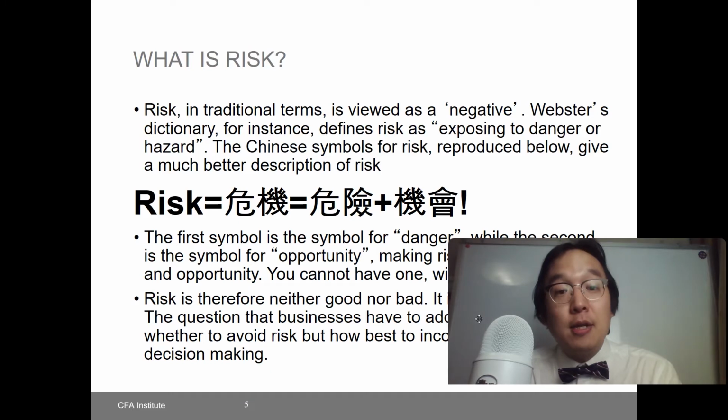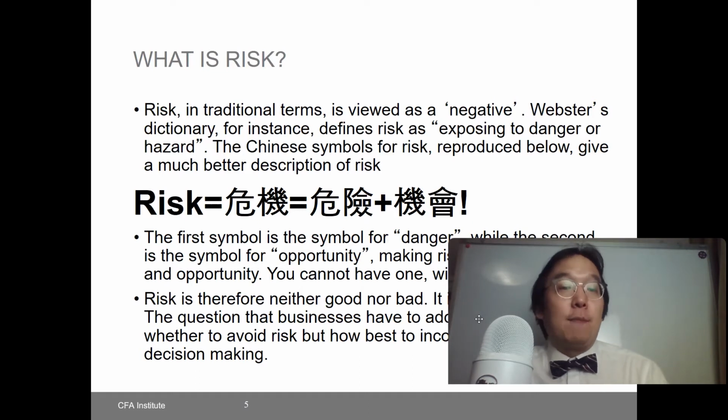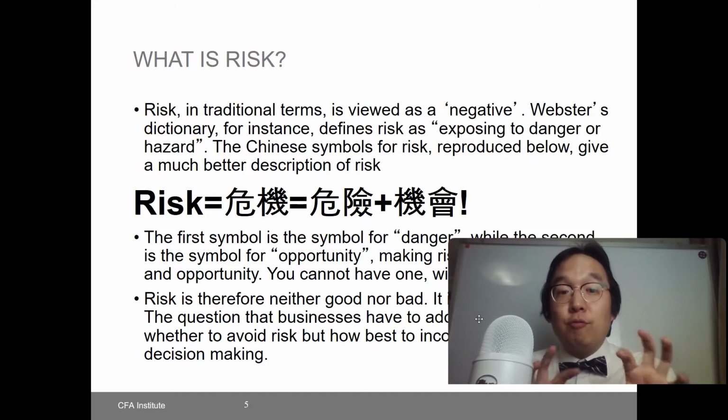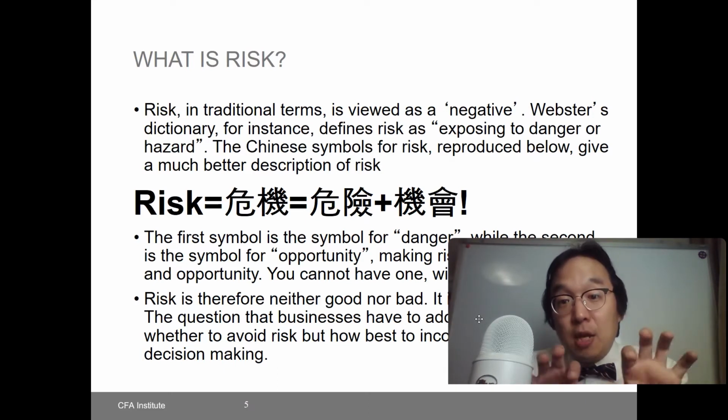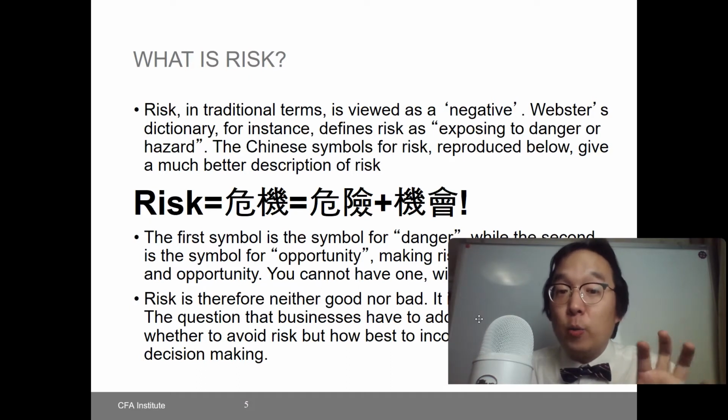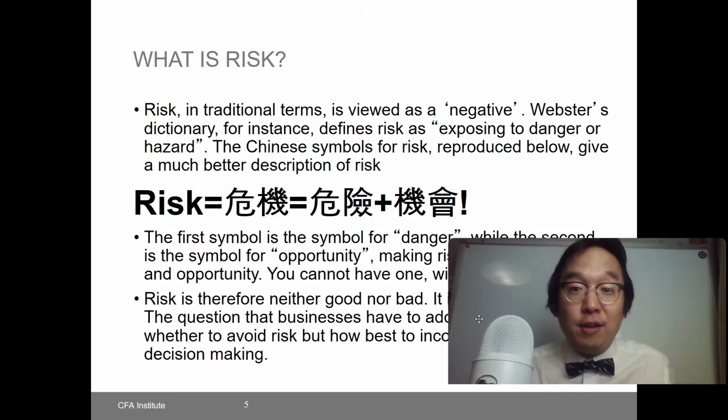If you look at those two characters of 위기, risk, well, in Chinese pronunciation it is 危机, right? Any Chinese audience over here? So two Chinese characters, you can decompose it, and it becomes 危险, which means 위험, danger.